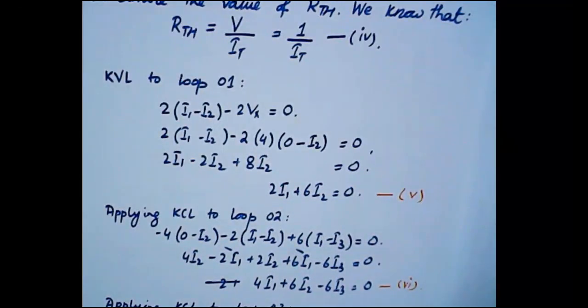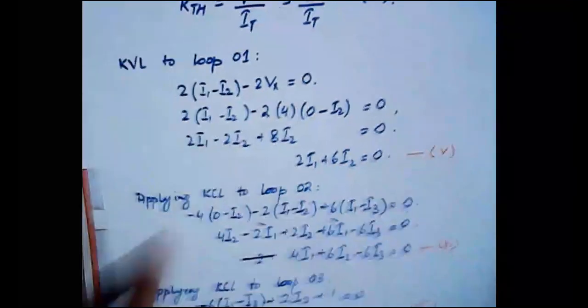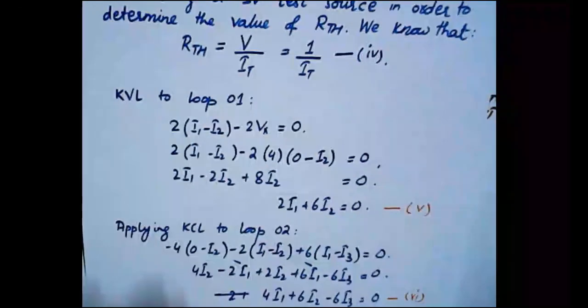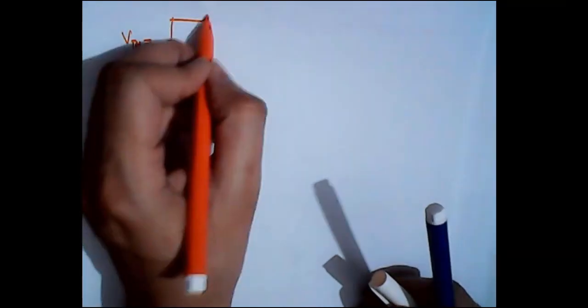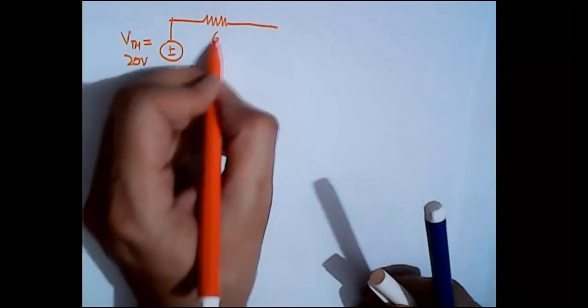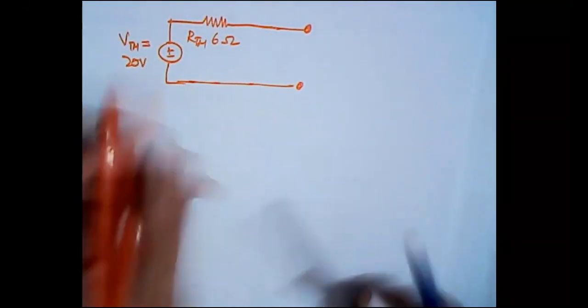And we can also draw the equivalent model of this resistance, which was basically the requirement of our question. So the equivalent model will be like this. We have a voltage source of V Thevenin equal to 20 volts. Then we have a resistance of 6 ohms, R Thevenin, and these are the load terminals where the load is to be connected, right?